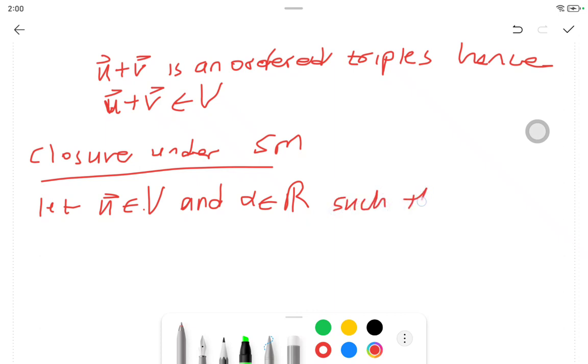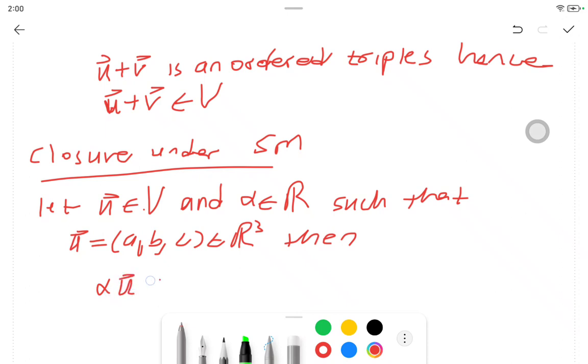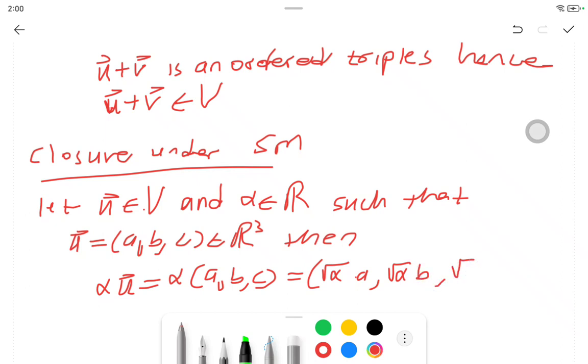Such that u is equal to a, b, c, which is an element of R cubed. Then if I multiply the scalar by a, b, c, we know that according to the definition, the scalar must be inside and a outside, scalar inside, b outside, scalar inside, c outside.